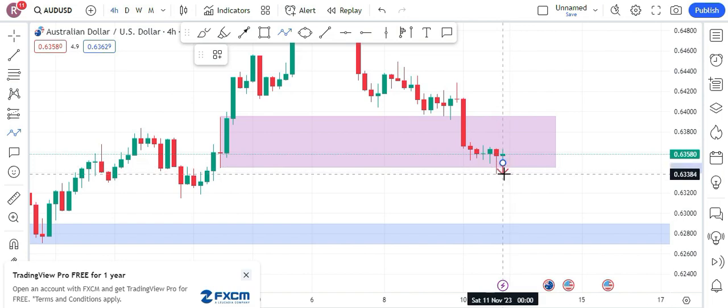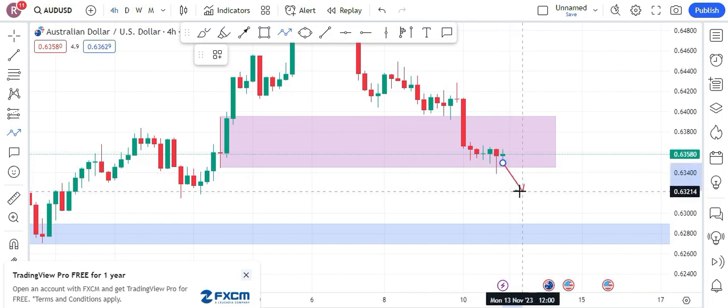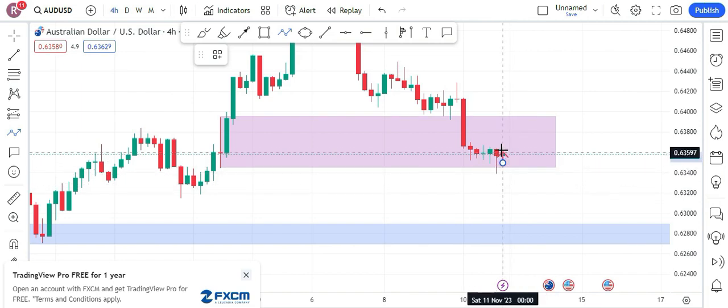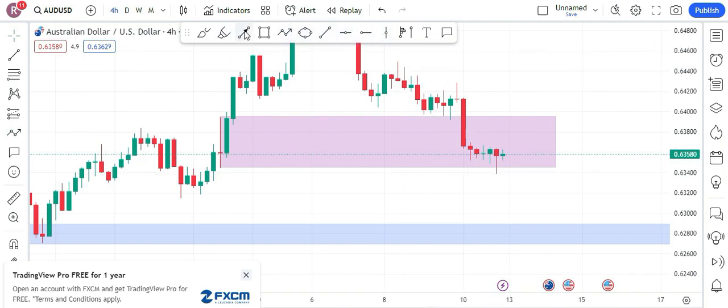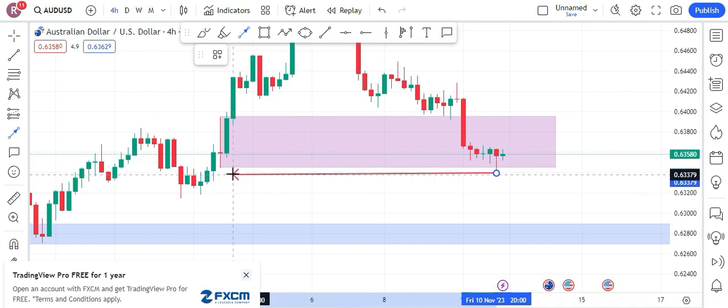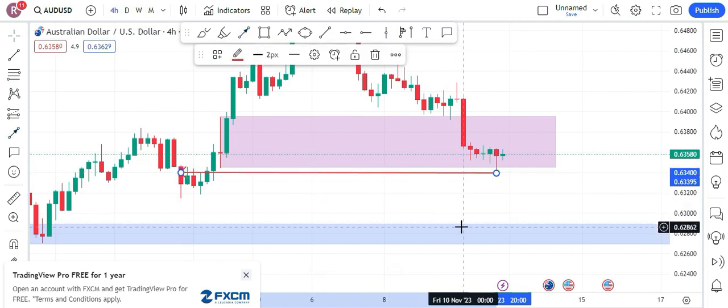So there is a slim chance that it will get down again, because this red candle has already taken the liquidity. Okay, hold on. Let me show you more clearly so you can visualize properly. If we draw an arrow from here, it has taken out all the liquidity.